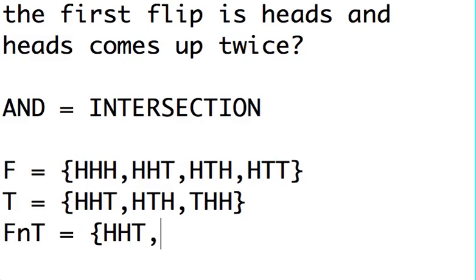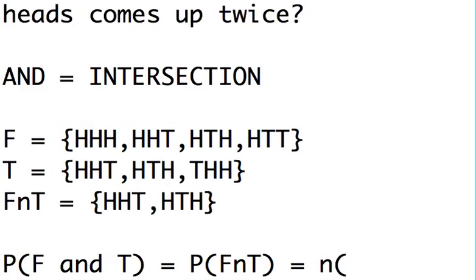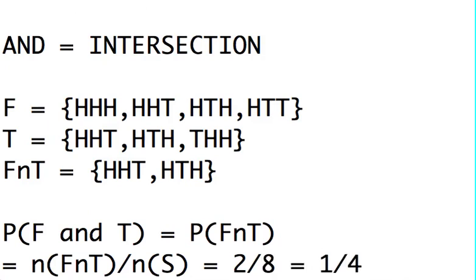So that's heads, heads, tails, and heads, tails, heads. And then since we're assuming equally likely outcomes, which we typically do when we're looking at something random like this, it's the number of ways of getting heads first and 2 heads divided by the number of things in our sample space, which is 2 divided by 8, which is 1/4. Great.